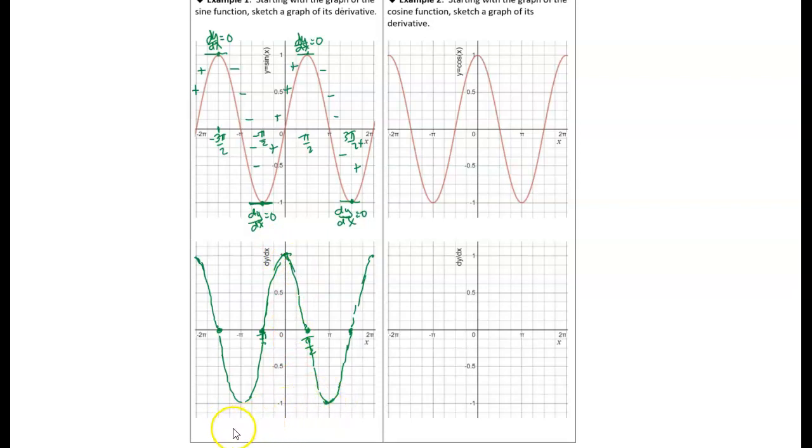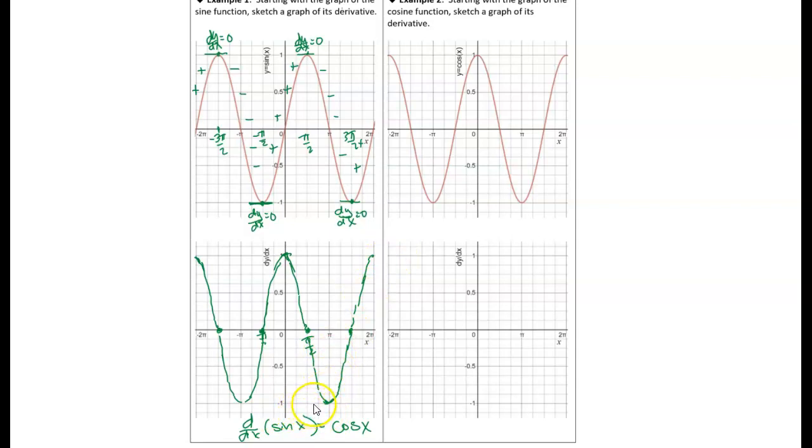But in fact, the derivative d/dx of sine of x is equal to the cosine of x. You just have to take my word for that. It looks like it, but take my word for it. The derivative of sine is cosine.